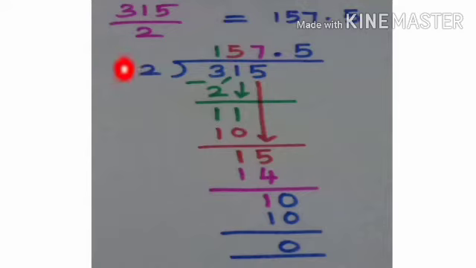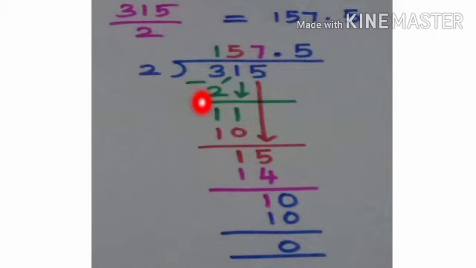Students, now I'll show you how to divide 315 by 2. First, take the first digit. See whether it is divisible by 2 or not. If it is divisible by 2, then how many times is it divisible? Now 3 is divisible by 2 one time. Put 1 in the quotient place.